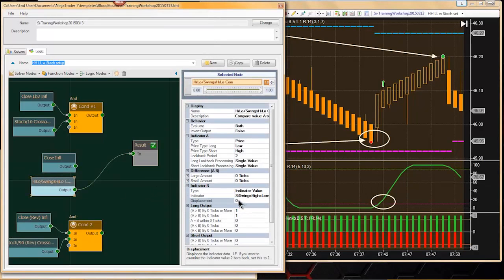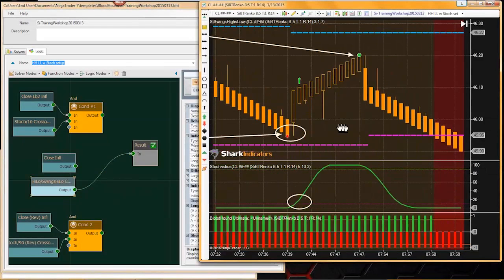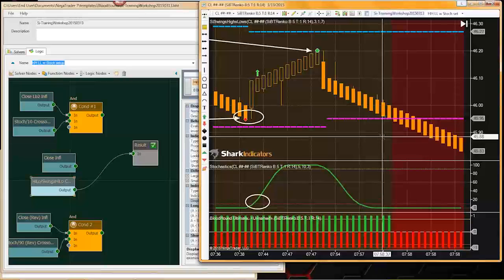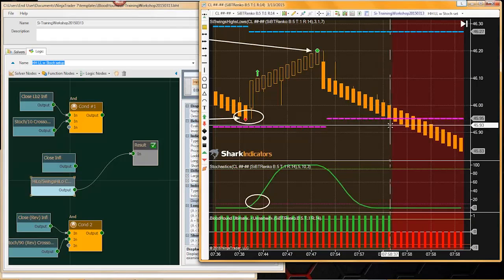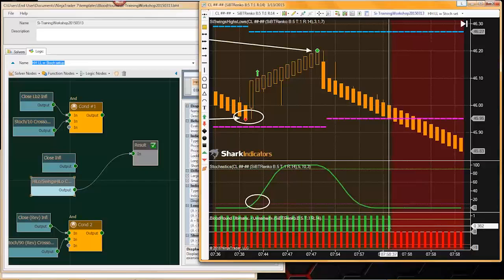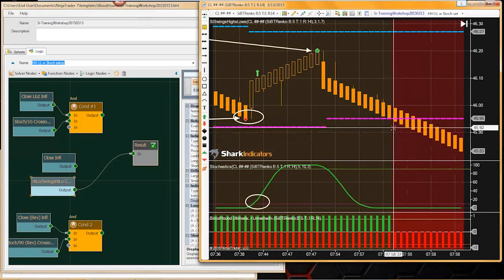So to do that, I can set my displacement to 1, which essentially looks back 1 bar on the indicator. Things really haven't changed on this output, but if I scroll forward here to where price crossed below that swing plot, we can see that we're still getting a long output right here on this 1 bar. So it delayed this long output by 1 bar.